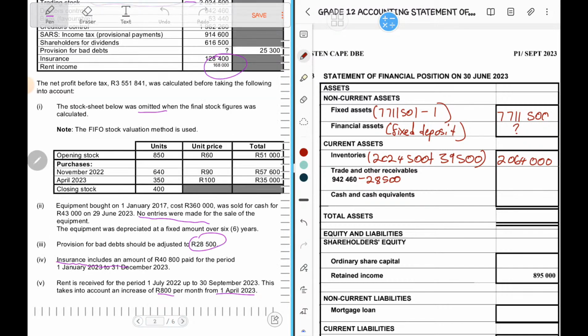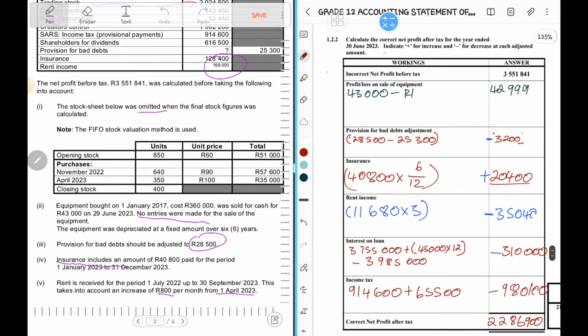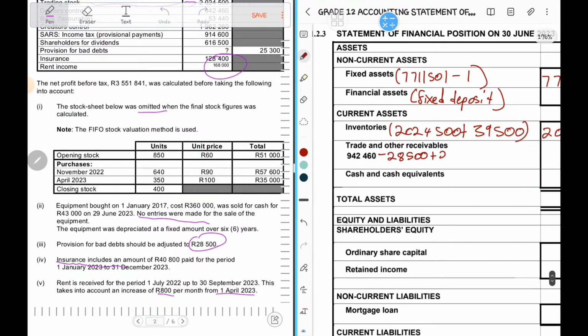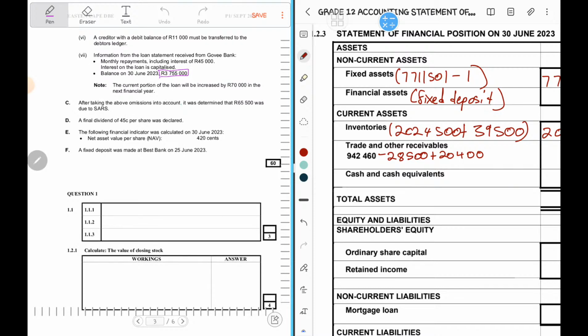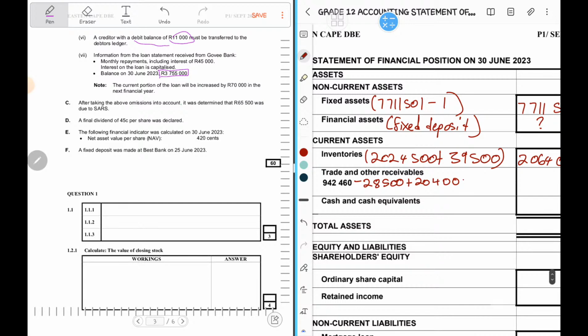If you remember, there was a prepaid expense for the insurance, the 20,400, so we're going to add 20,400. Then there was a creditor with a debit balance of 11,000, which must be transferred to the debtors ledger. So the creditor will now form part of our debtors, which means our trade and other receivables is going to increase. So we're going to add 11,000 here.